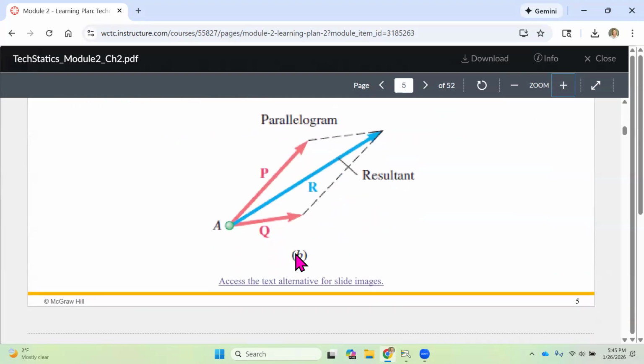I've got two forces. The two red forces here are Q and P. Q is going up and to the right, and so is P, but at different angles, if you would, to horizontal and vertical. And if I want to know what's the one force that would replace those two, I would call that force the resultant. And that's what we see in blue here.